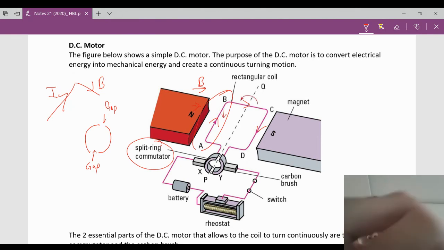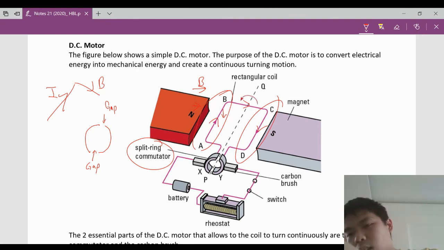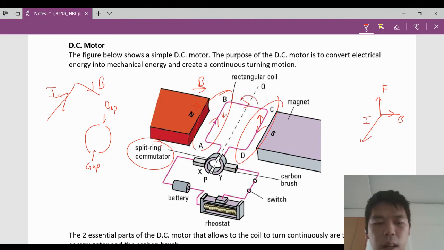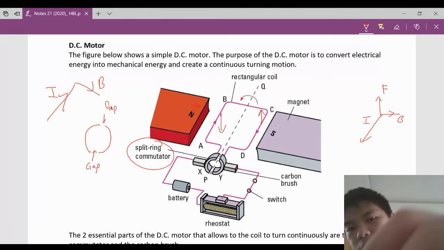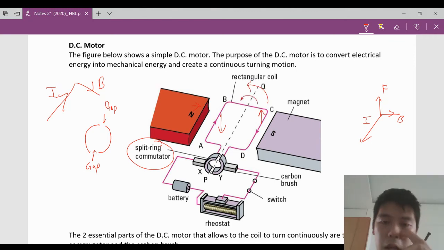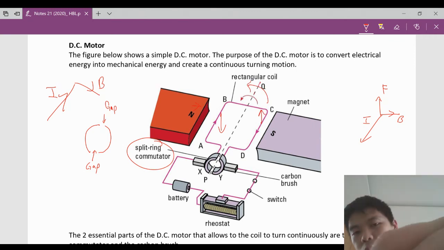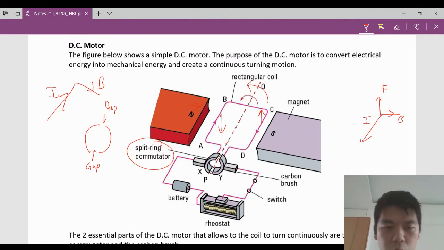And on the other side, we're looking at CD. Current is here, magnetic field is here, FBI, it goes up. So let me clean this image up. This side goes down, this side goes up. As you can see, it rotates this way, turning about this axis, which is the pivot, and it will continue.